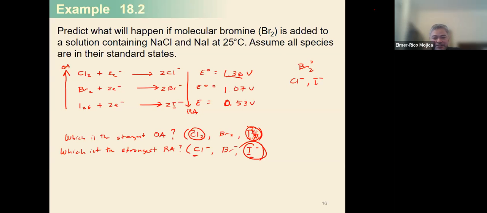So all of these are in, let's say, one solution. So what will happen? Br2 can oxidize one of them, but not the other one. So what do you think the redox reaction that can take place here?